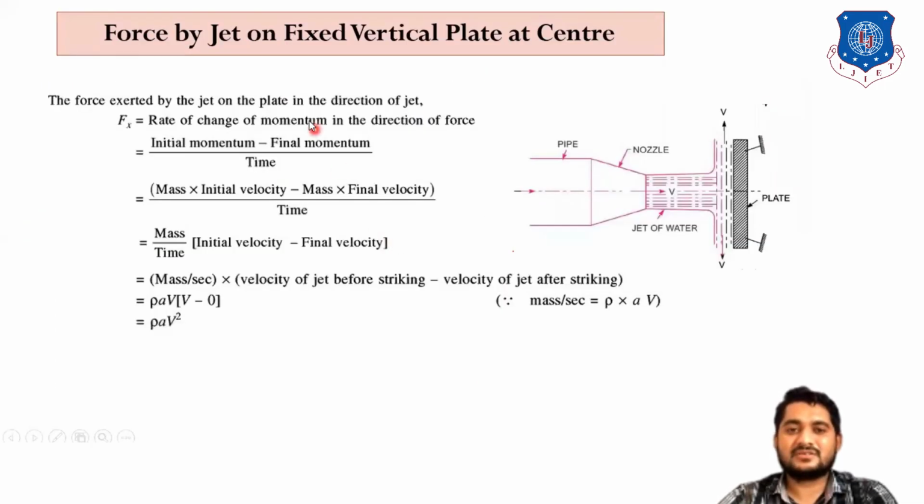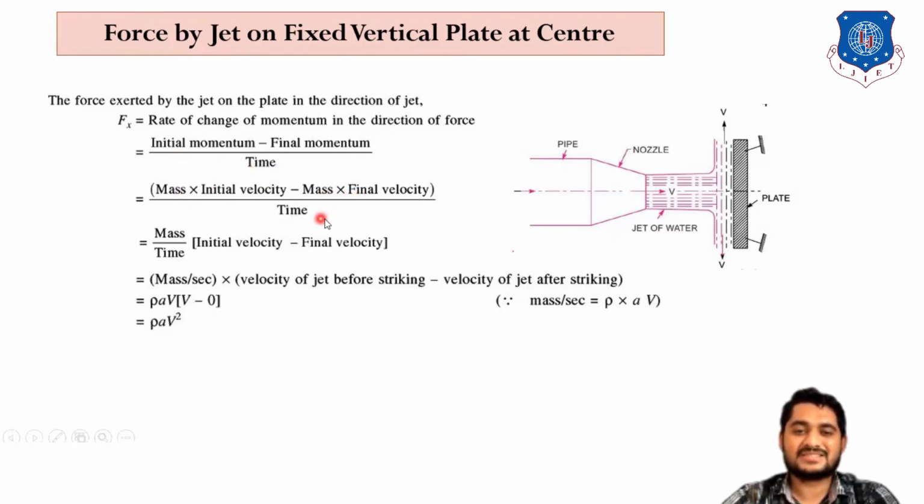From that equation, the first case is force by jet on a fixed vertical plate. We simply take Fx is equal to mass flow rate into change in velocity. From where does this equation come? It comes from Fx is equal to rate of change of momentum, that means initial momentum minus final momentum divided by time. Momentum is equal to mass into velocity.